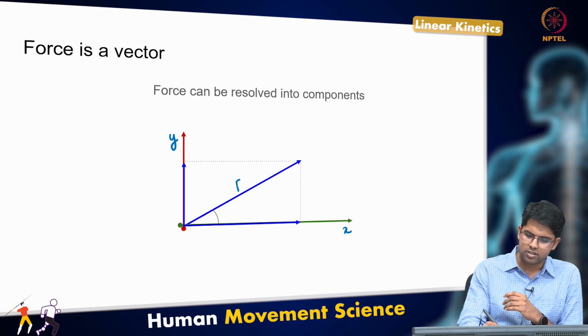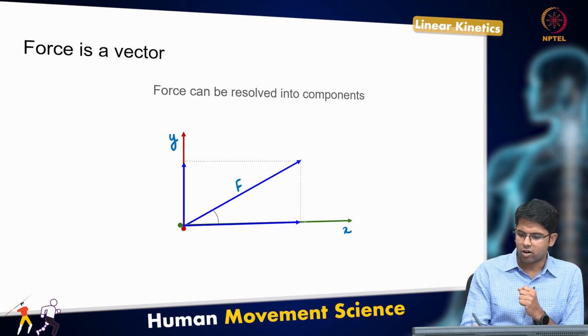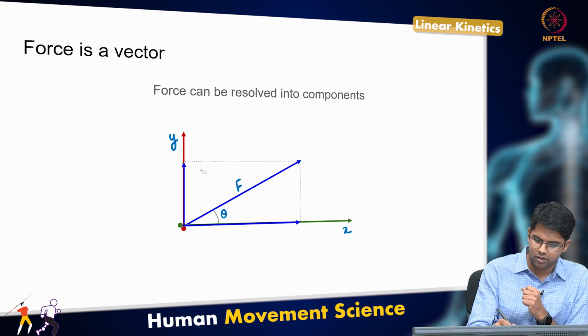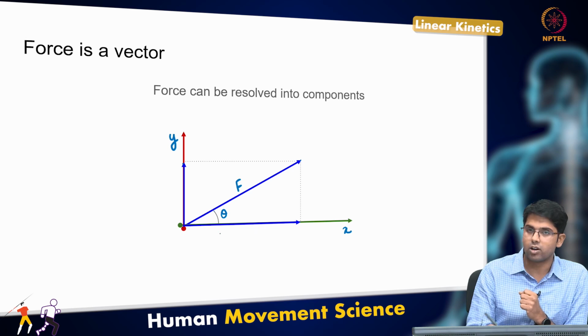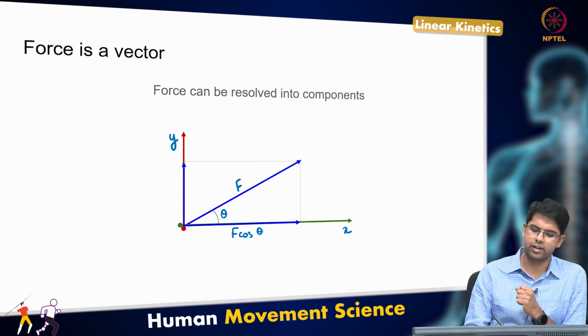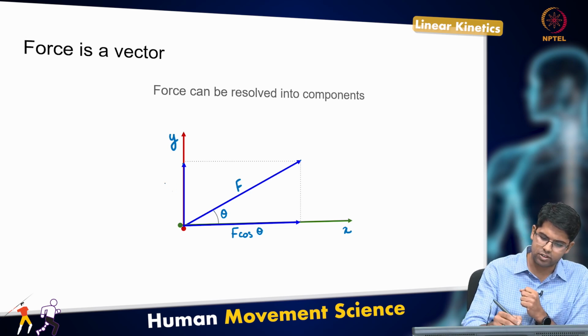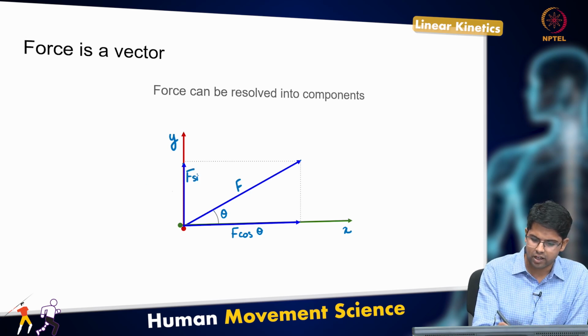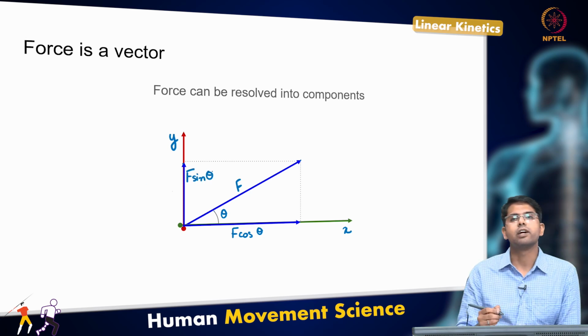I can have this particular force F, and it has a component along the x-axis, which is F cosine of this angle theta, and a component along the y-axis, which is F sine of angle theta.